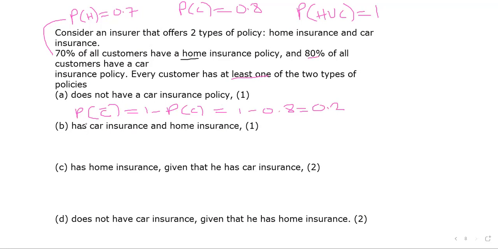Then a person has a car insurance and the word "and" means intersection. The word "or" means what? Union. All right. So we know from our axiom that the probability of what?